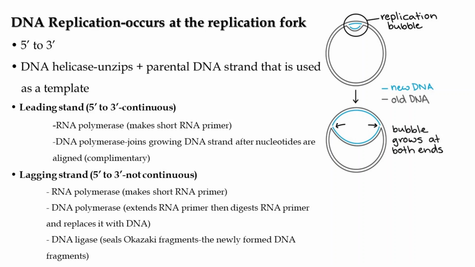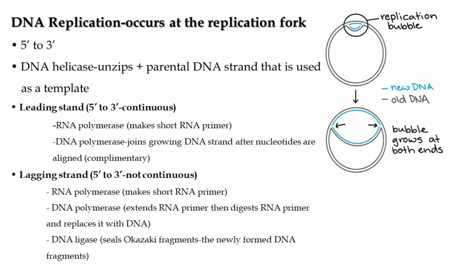You have a DNA helicase enzyme which unzips the DNA. Your parental DNA strand is used as a template. You have a topoisomerase enzyme which prevents the extra stress on the DNA which is still wound around each other. Small nicks are created to relieve the stress, and those nicks are sealed off by your ligase enzyme.